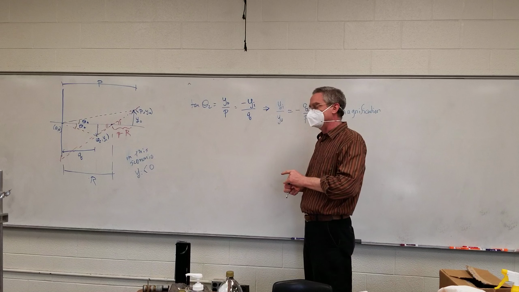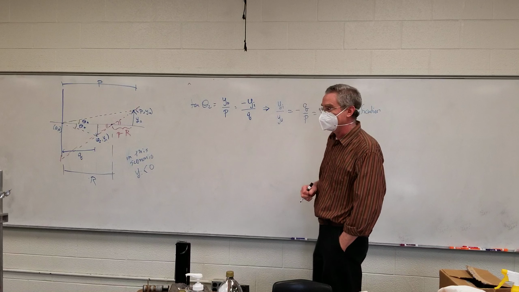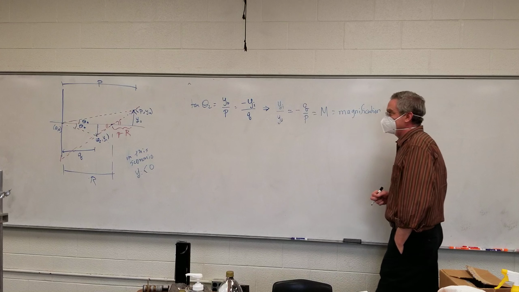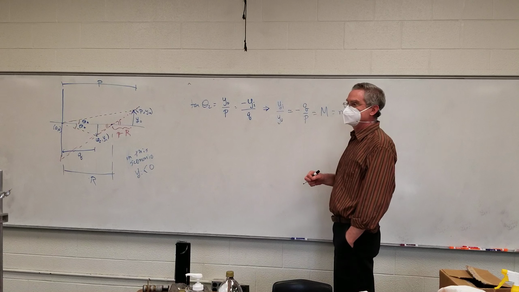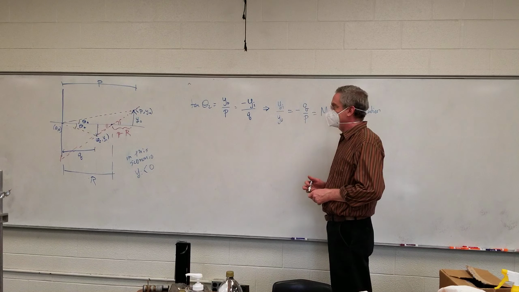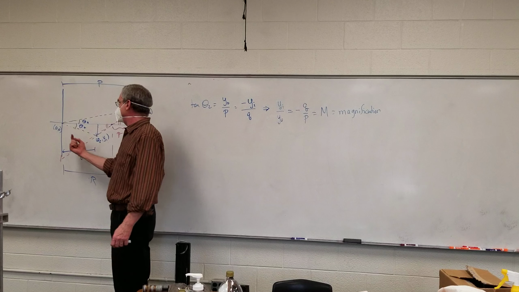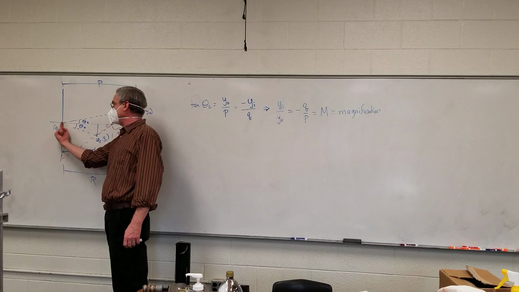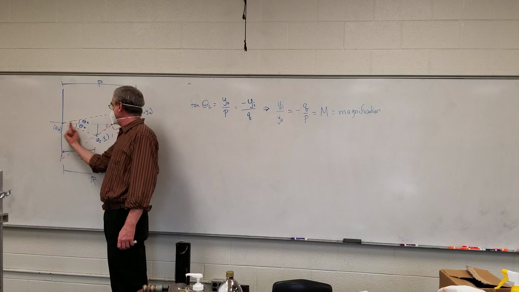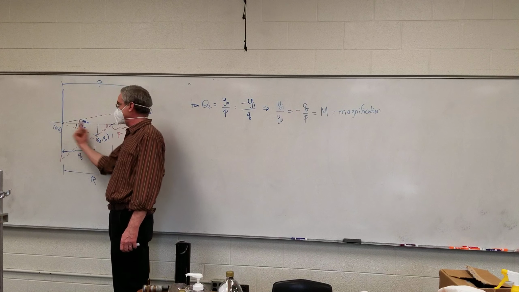We'll apply this to an actual problem, and we've got the formula. So Q is the intercept of the two. Q is the distance from basically the center of the mirror to where the intercept is. It's the horizontal distance.